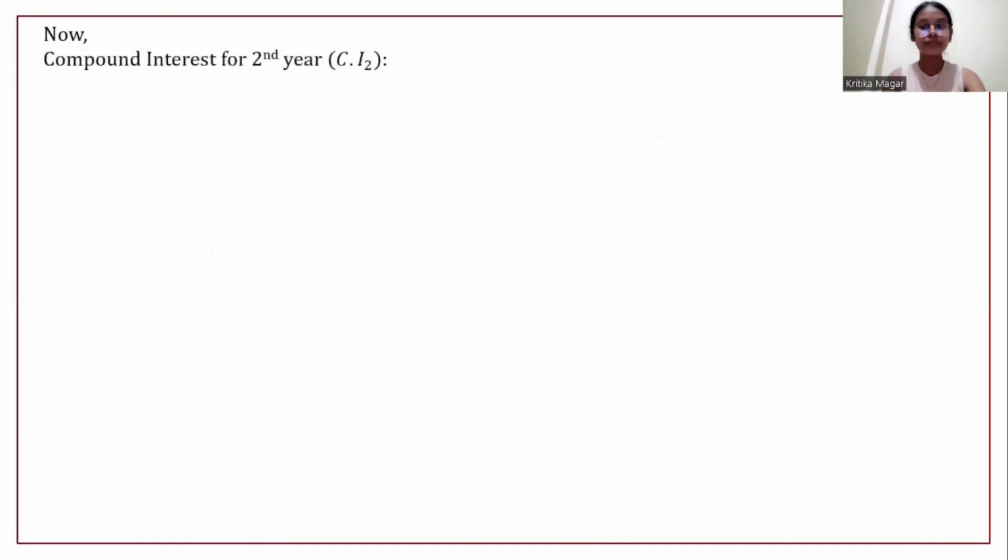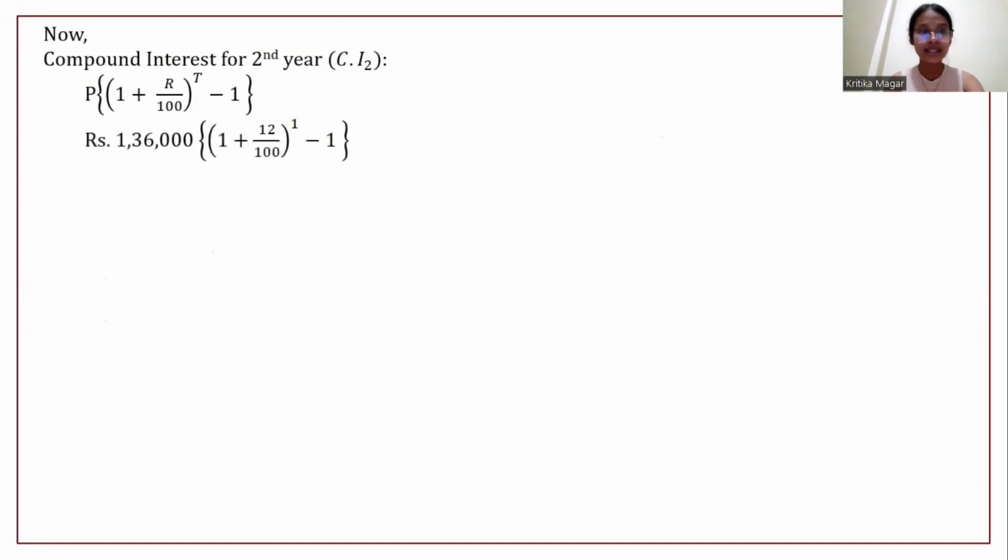Now, the compound interest for the second year. To find the compound interest, we use the formula P times ((1 plus R divided by 100) whole to the power T minus 1), in which P is 1,36,000, rate is 12, and the time is 1.